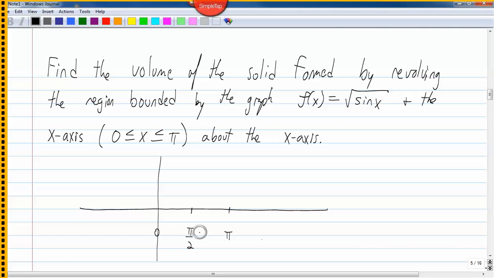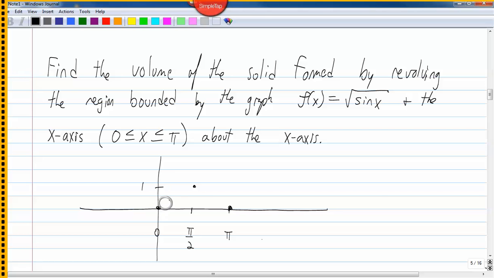Now you can plug these values in for sine. If you plug in a 0, the sine of 0 is 0. If you plug in a pi over 2, the sine of pi over 2 is 1, the square root of 1 is 1. So let's let this be 1. So that'll be our high point. And then the sine of pi is 0.